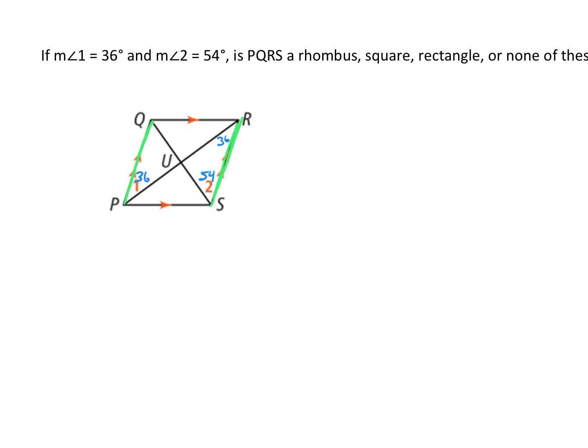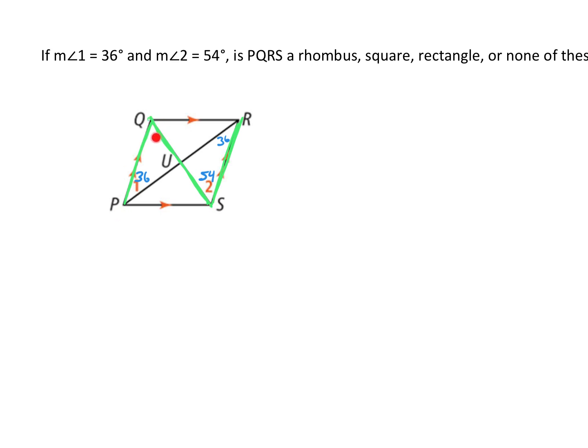What we looked at before was this transversal connecting them. Well, we have another transversal that we could highlight over here. Here's another transversal connecting our parallel lines. This 54 degrees is an alternate interior angle for this pair of parallel lines with this transversal.